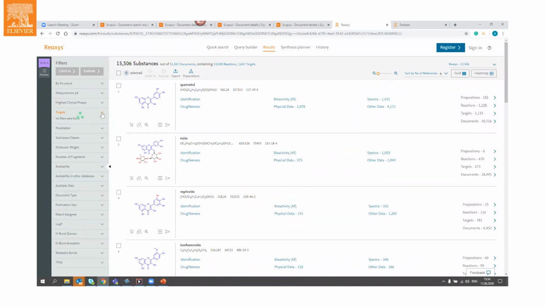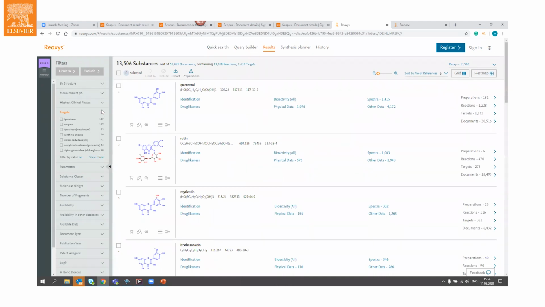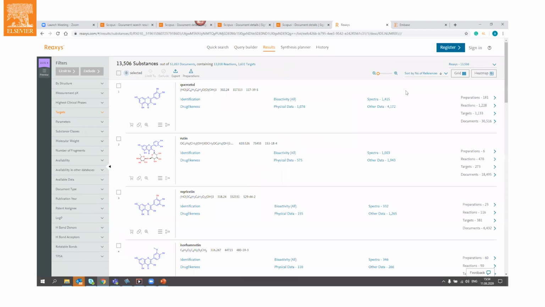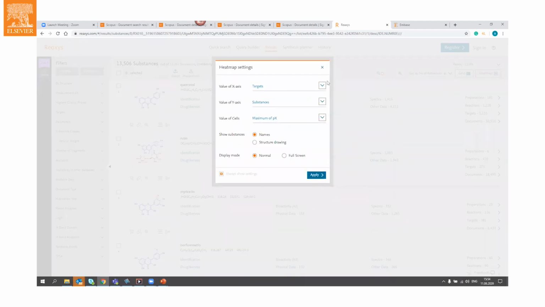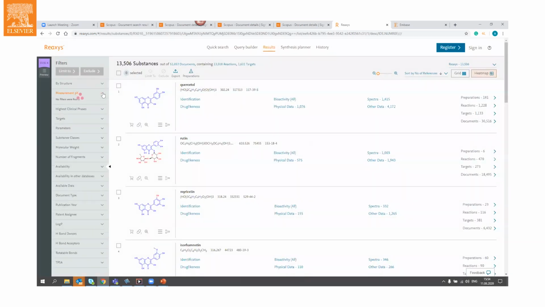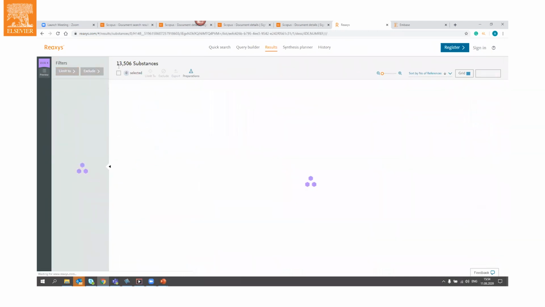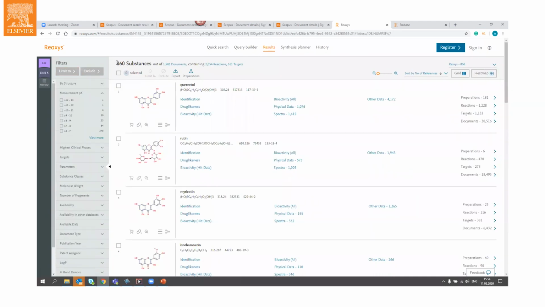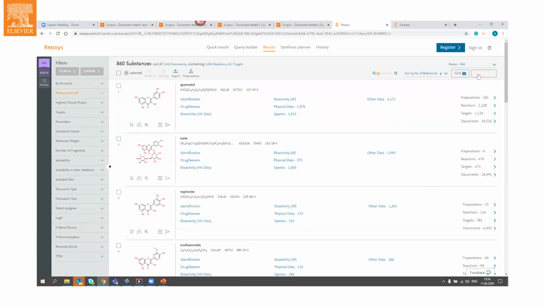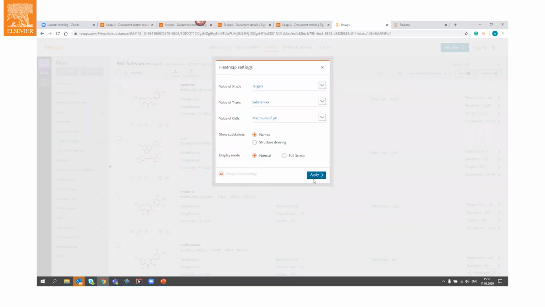After that, let's go to the heat map. Previously, let's limit only high bioactivity to make the system work faster. So with high bioactivity, we have only 800 compounds, and now we can go to the heat map.